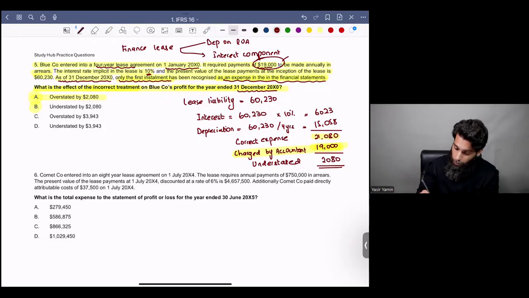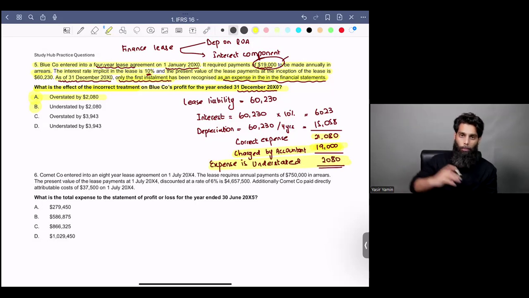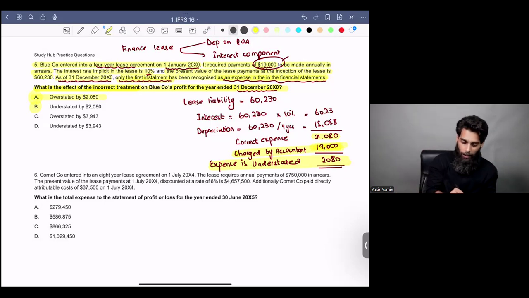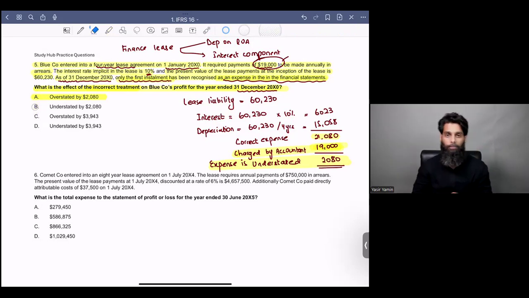The expense is understated by 2080, so your profits would have been overstated by 2080. Make sense? That is why the answer is A, and therefore it's not B.